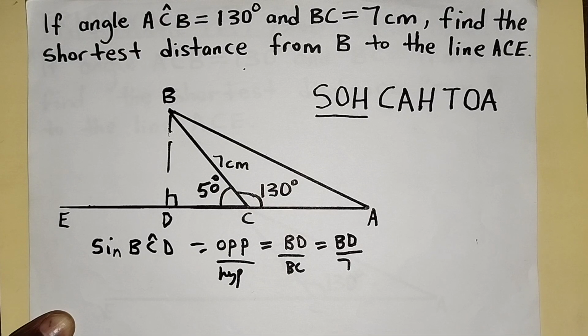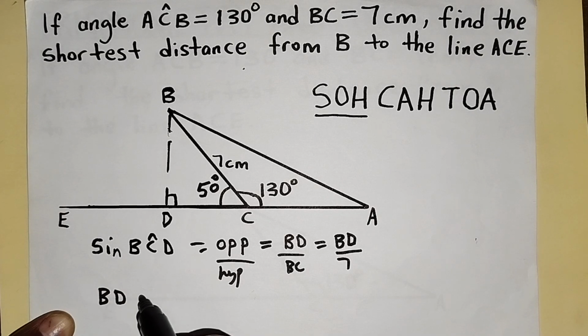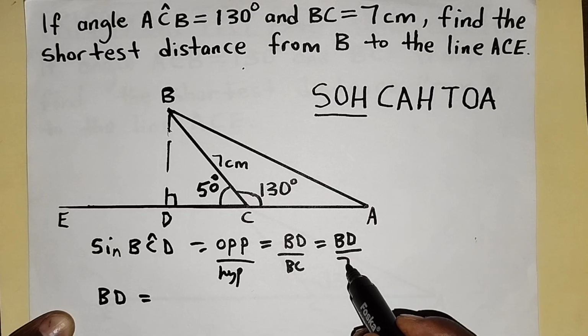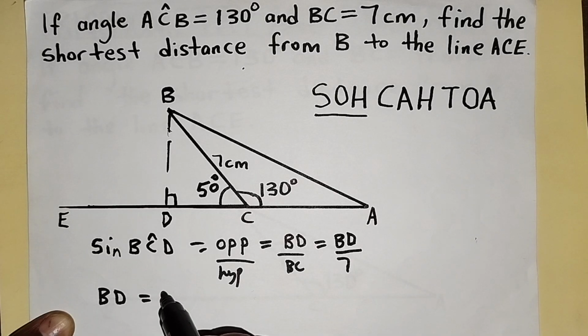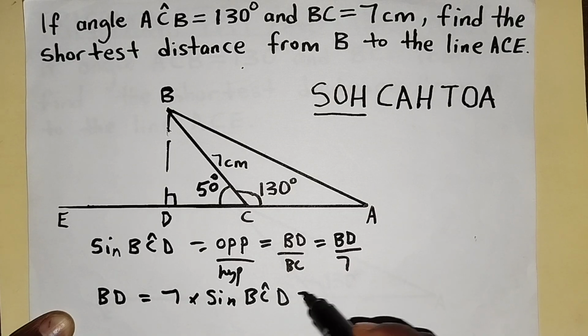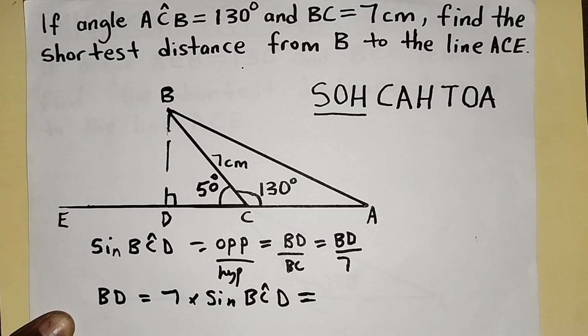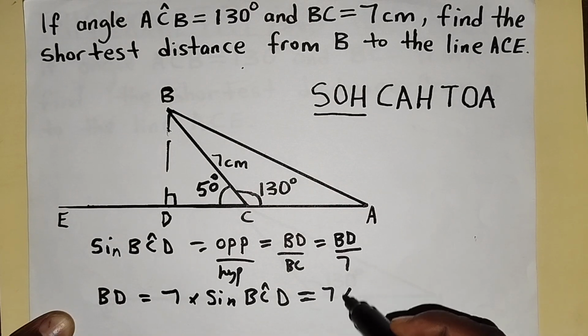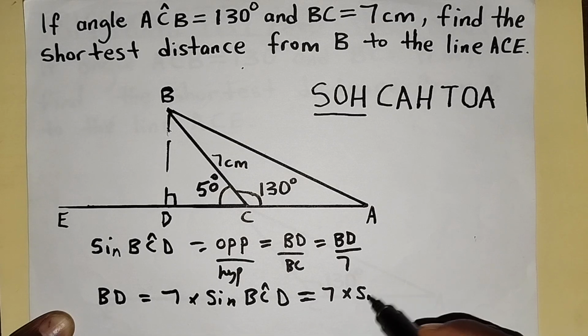So for me to find the length BD, I'll say BD equals 7 multiplied by the sine of BCD, which is equal to 7 multiplied by sine of BCD.